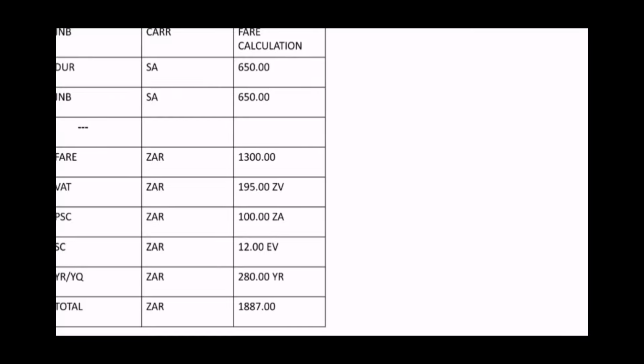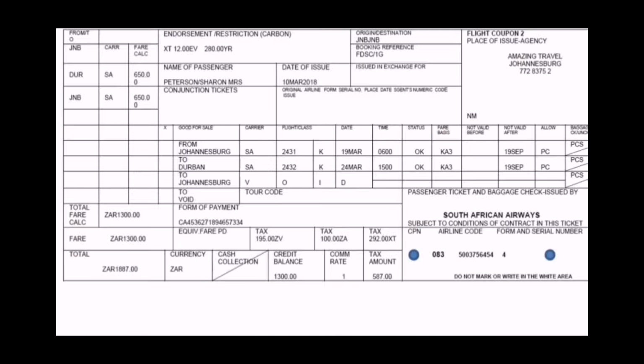So here, this is the information that we are copying from the original ticket. You don't have to do the calculation from scratch. You just go into the original ticket and copy the information that is provided to you in these sections.